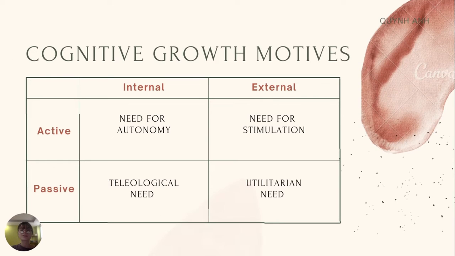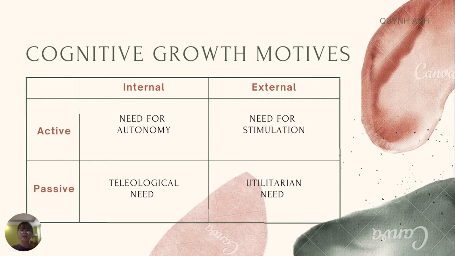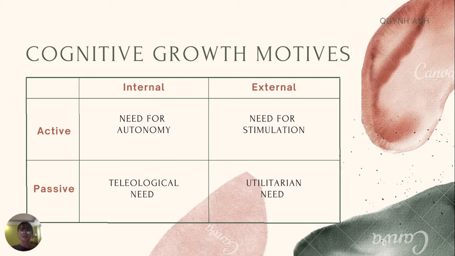The second need is the need for stimulation, which is active and external. As a result of the need for stimulation, consumers frequently want diversity and difference, which leads to brand switching and impulse purchases. Teleological and utilitarian needs are the other 2 types of need associated with cognitive growth motives. The teleological need is passive and internal, and implies consumers choose mass media with outcomes that align with their worldview.